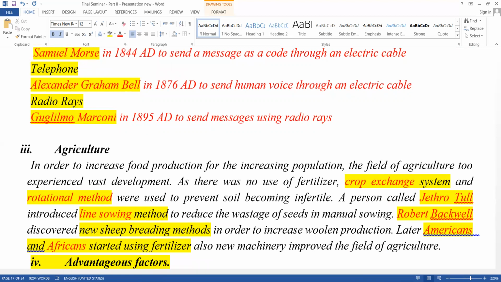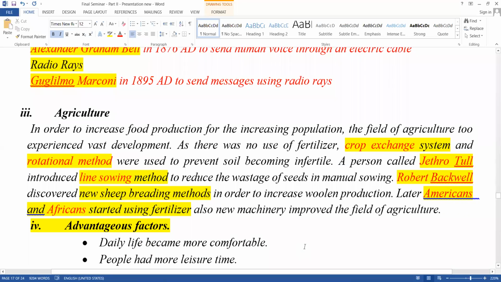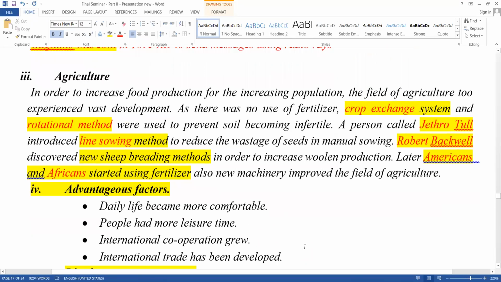Then we have discussed the advantages and disadvantages of the industrial revolution. These facts are its advantages. Daily life became more comfortable. People had more leisure time because of the usage of machinery. Manual work was so difficult. International cooperation grew. International trade developed.